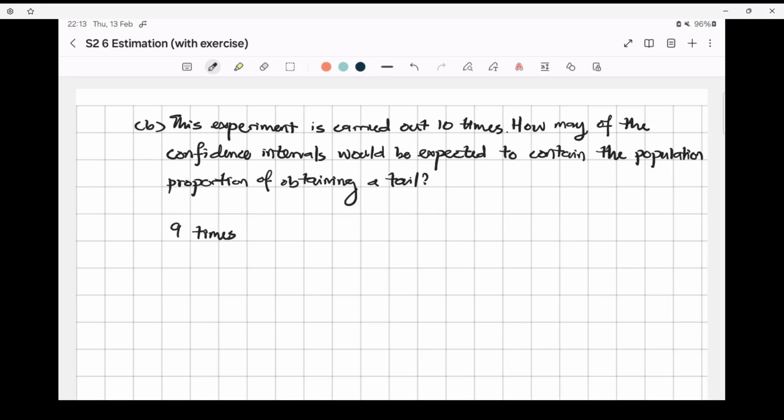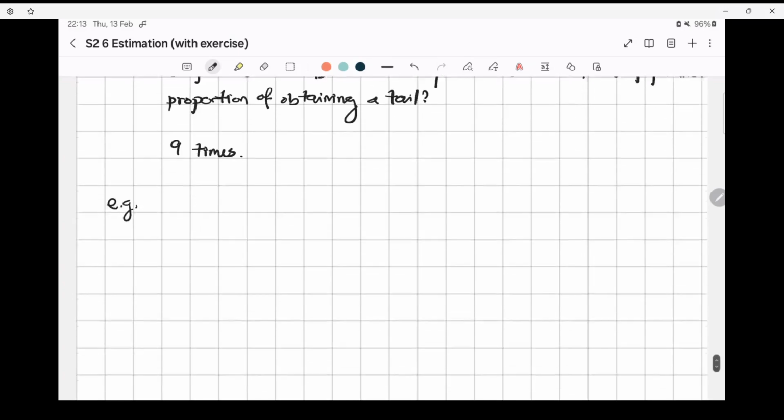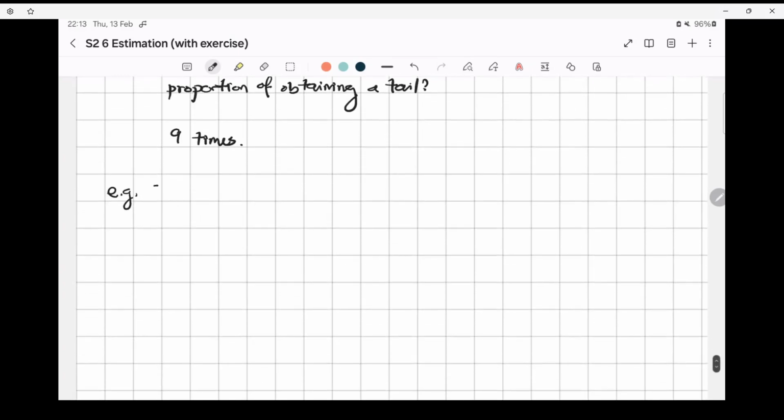So let's look at another example. In order to test a six-sided die was fair, it was rolled 150 times.